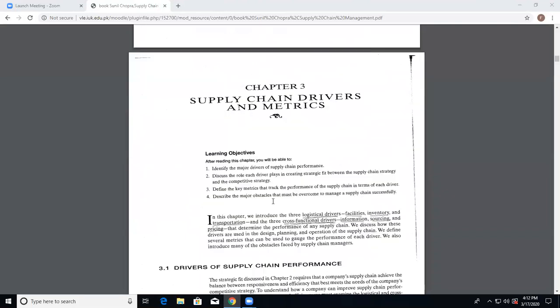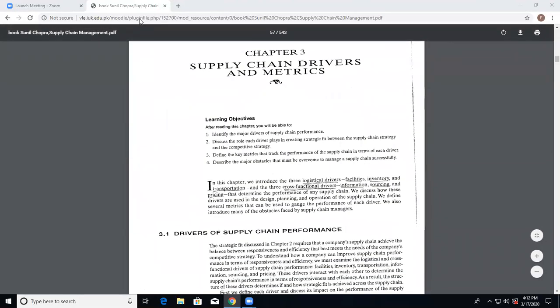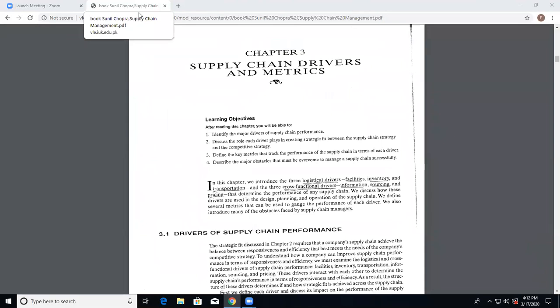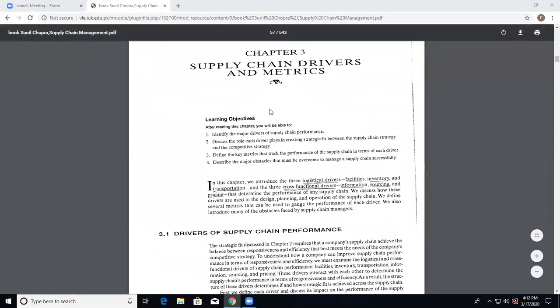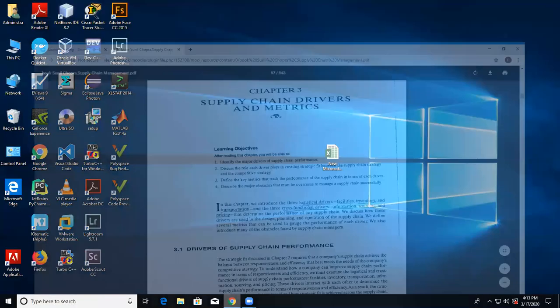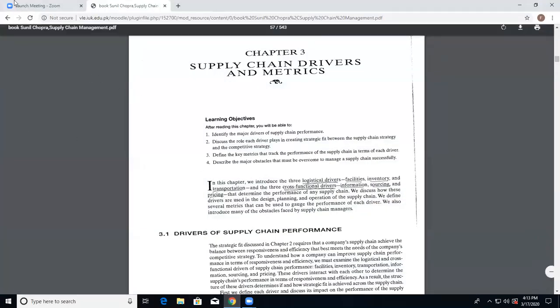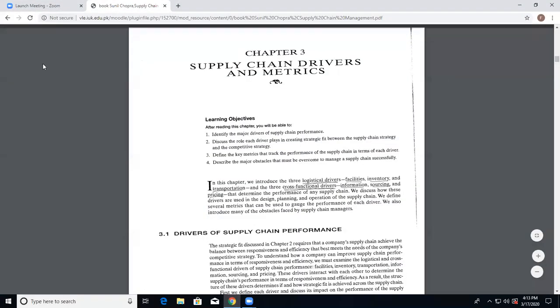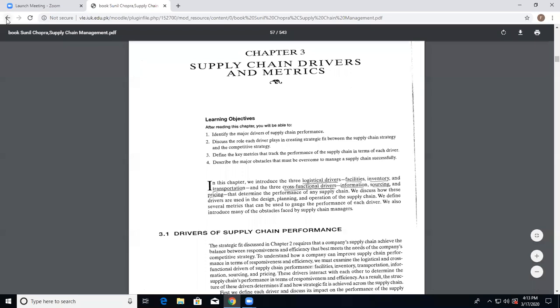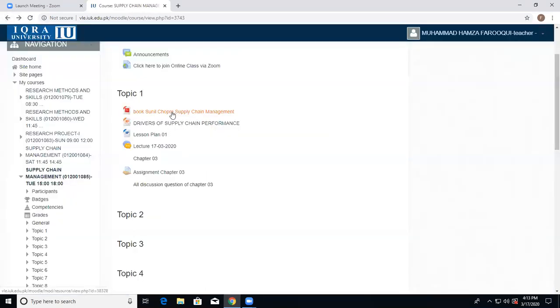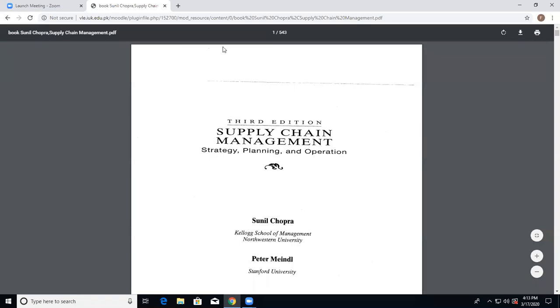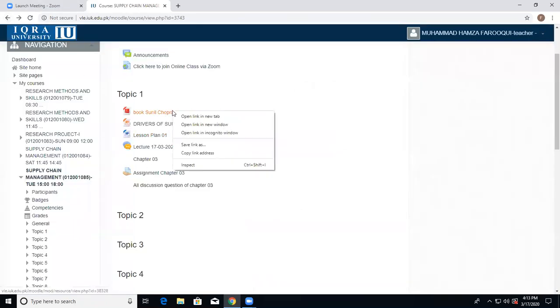It's on page number 57. ठीक है, this is the old version which we will be following since we don't have a soft copy. Okay, so we will be working on this book. Let me download this book, so please do not forward this book to anyone since it has a copyright.